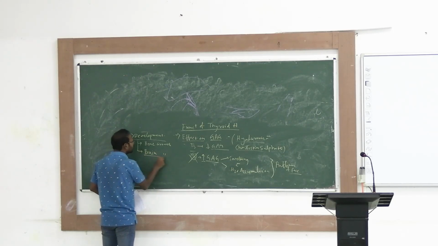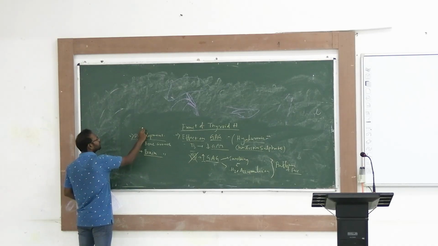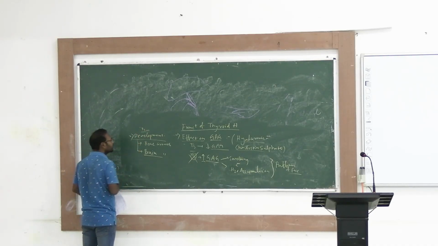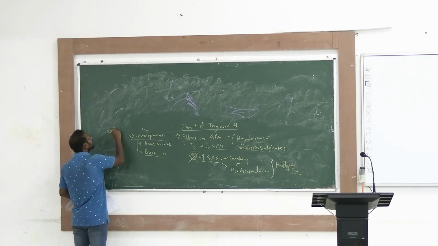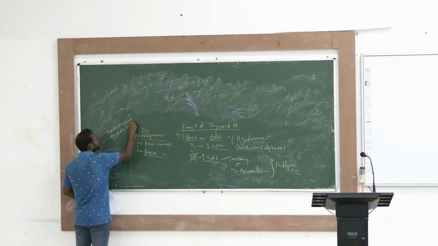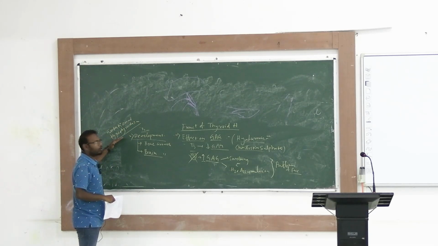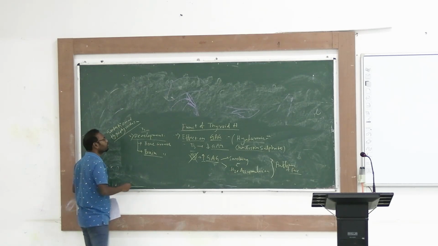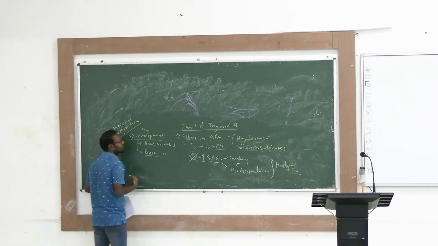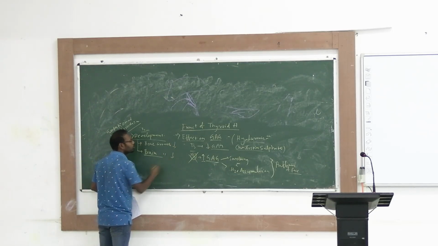So that is a function of thyroid hormone. During gestational hypothyroidism, hypo means the thyroid hormone is less. So in case of gestational hypothyroidism, both the bone growth and the brain growth will be less.